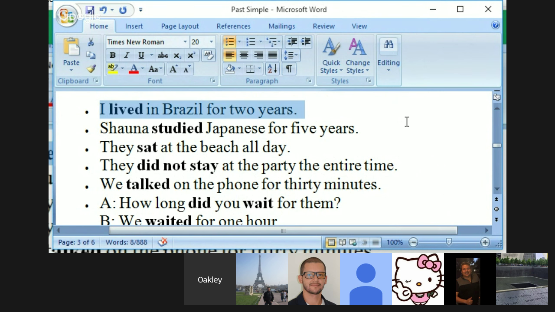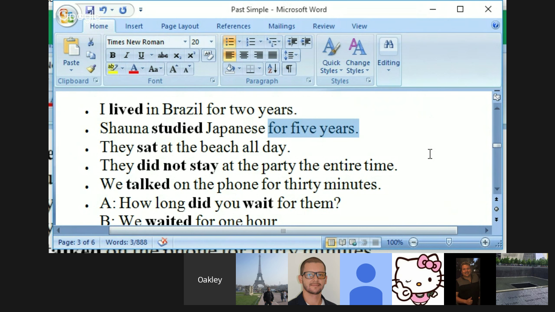What is the difference? If we use the past simple to show duration, we're going to have to use one of these time phrases. That's one difference. To make it clear that it's a duration, all day, for 30 minutes, whatever, you have to use a time phrase if you're going to use past simple to do this.